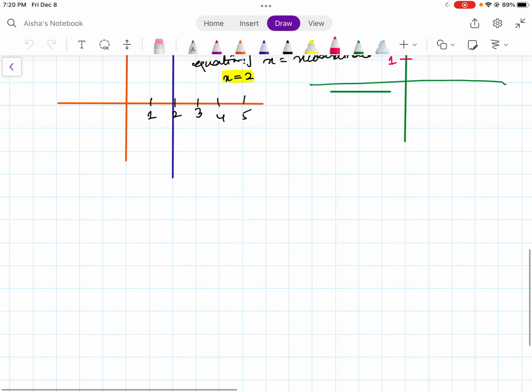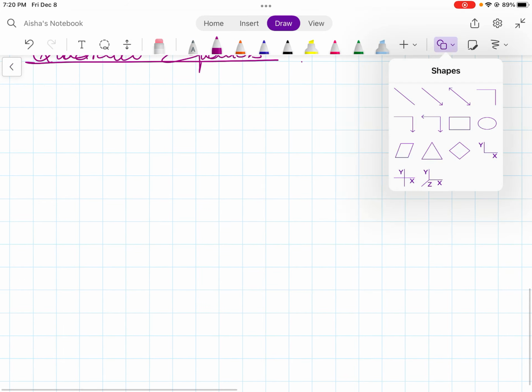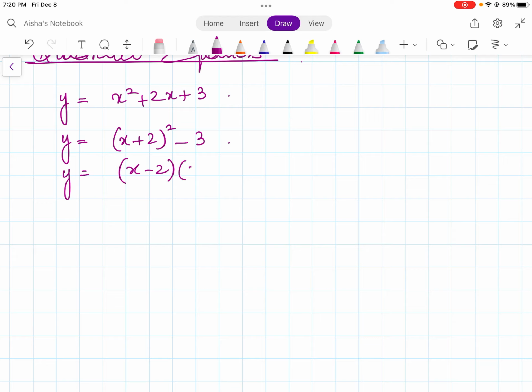Now let's move on to the quadratic equations. All right, so we have quadratic equations in different formats. There are so many different ways of writing the quadratic equation.